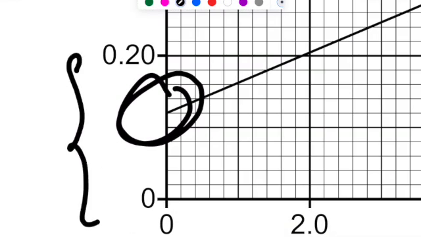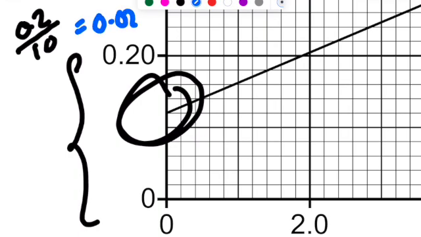So how much is the gap? Gap is 0.2 and there are 10 parts. So each one is going to be nothing but what? 0.02. Each one is 0.02.